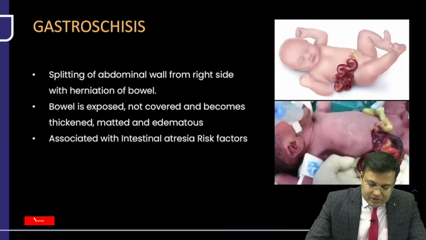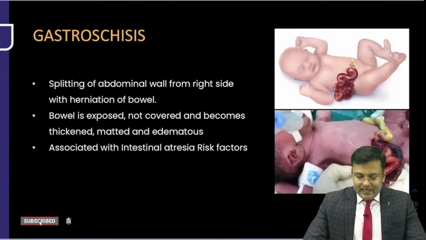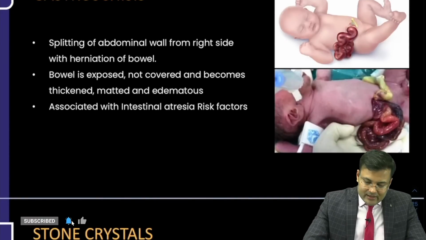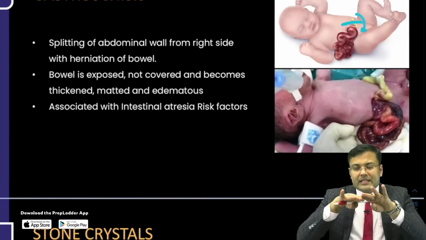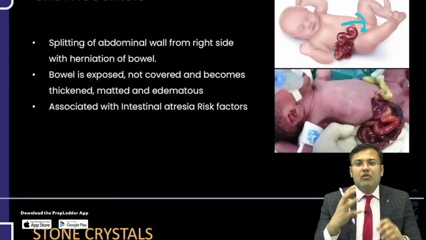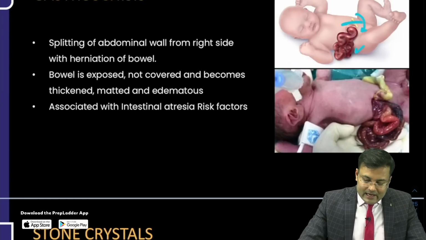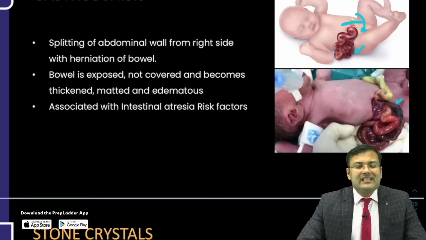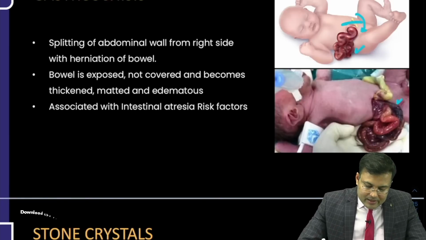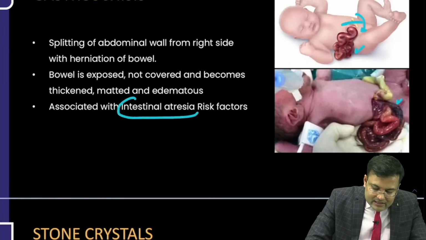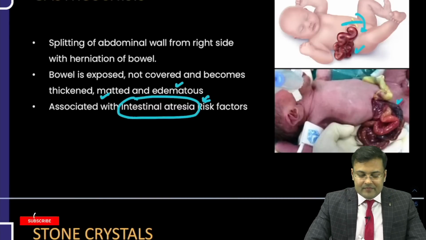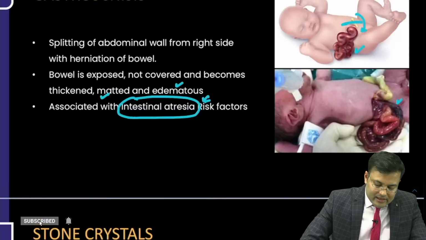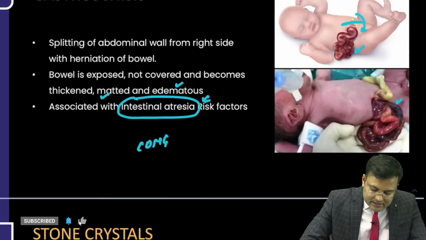The second situation you can see here, the bowel is exposed. You can see this is the umbilical cord. On the right side of the umbilical cord there is splitting of the abdominal wall and protrusion of viscera. This is gastroschisis. Here bowel related complications are there. Bowel can become matted, edematous, but here it's not associated with congenital malformations.